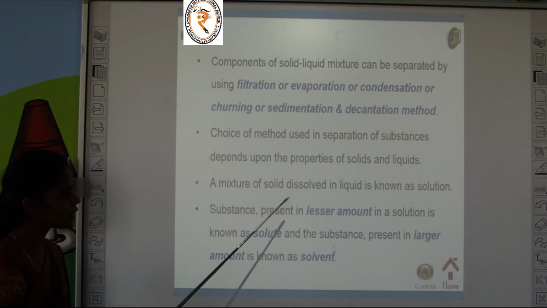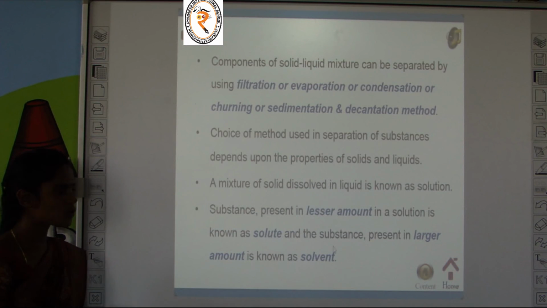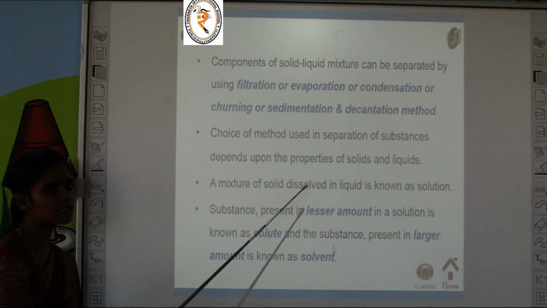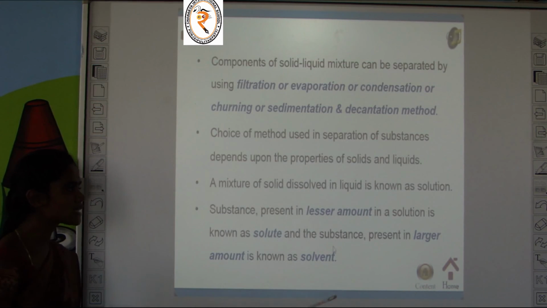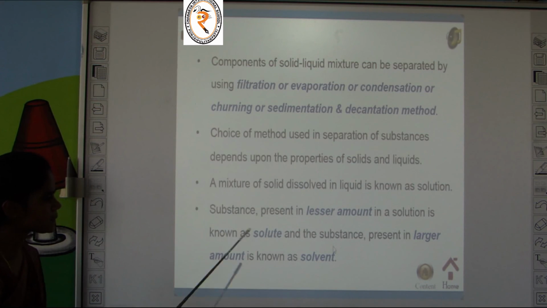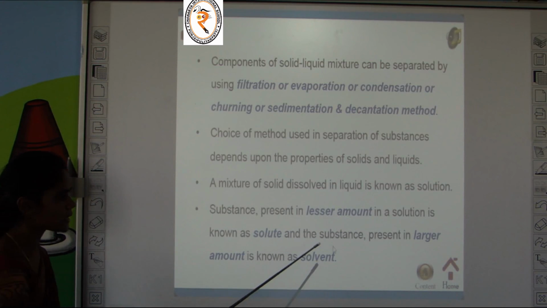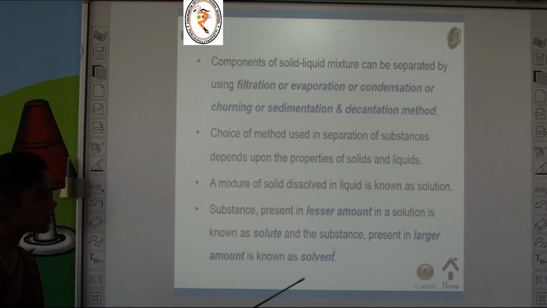A mixture of a solid dissolved in a liquid is known as a solution. What is called a solution? A mixture of a solid that dissolves completely in water, that is a liquid, is known as a solution. The substance present in lesser amount in a solution is known as solute and the substance present in larger amount is called solvent.